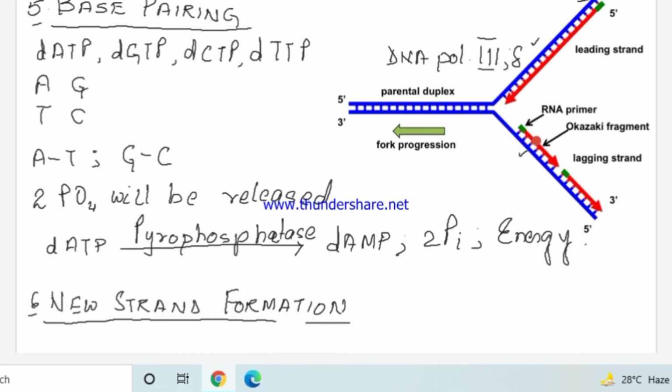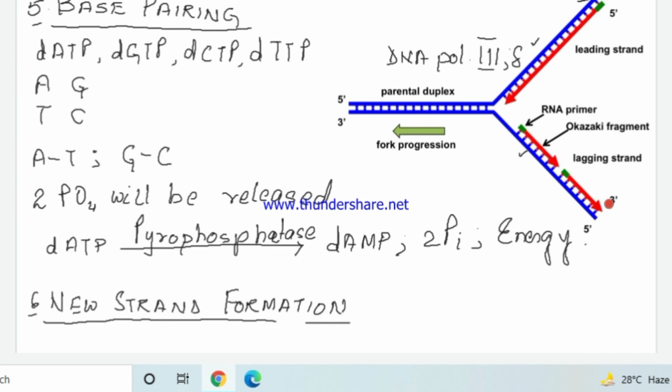It will definitely catalyze the formation of strand only in the 5' to 3' direction. So what happens? Short strands of RNA are formed at multiple locations, and from there short new DNA strands are formed on the template strand.